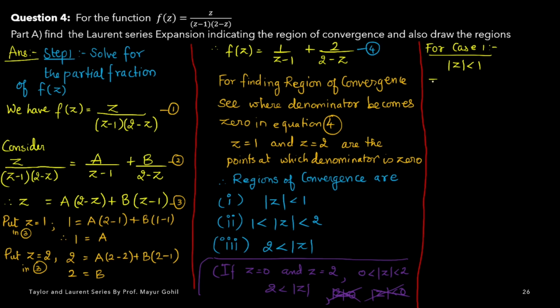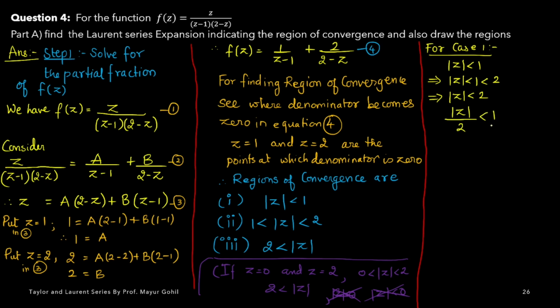When mod z is less than 1, it is also less than 2. Now we have to make everything less than 1, so mod z upon 2 is less than 1.